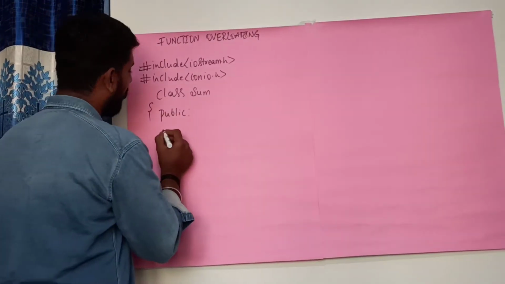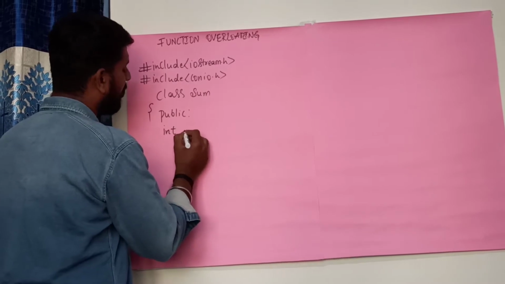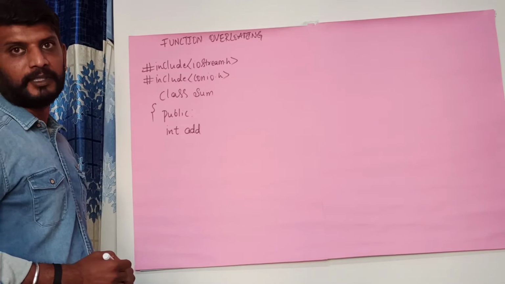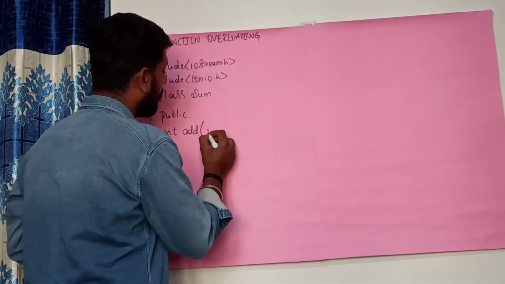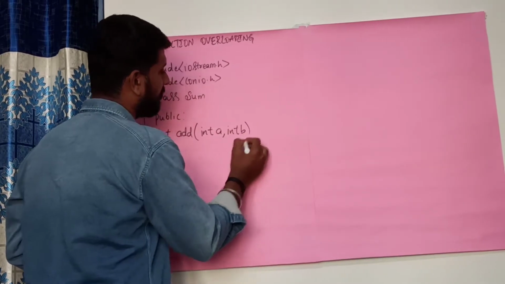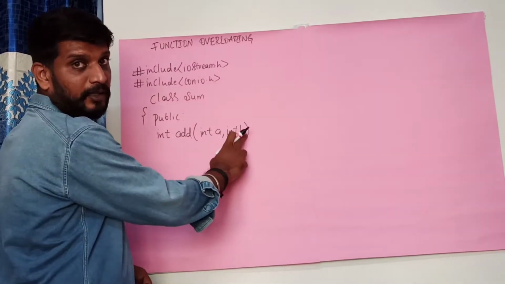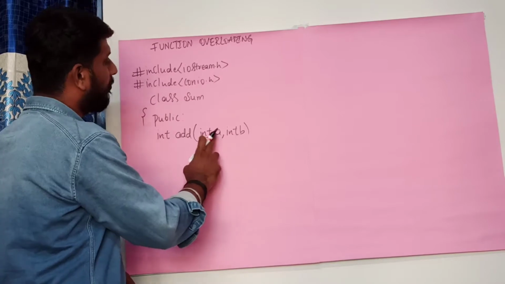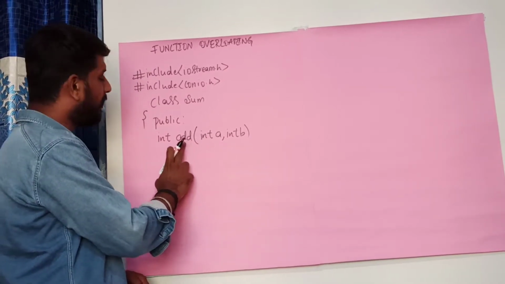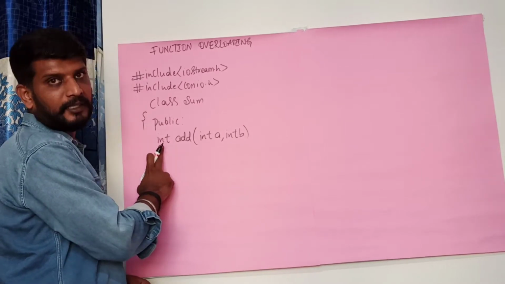Firstly, I will create a function with the name add, and it takes two arguments of kind integer. So a and b are the arguments which are integers. The name of the function is add and the return type of the function is int.